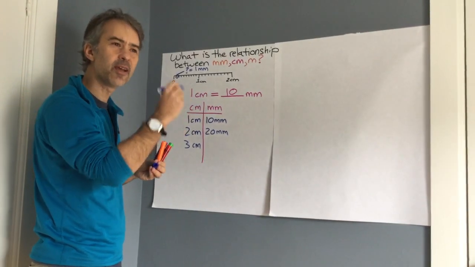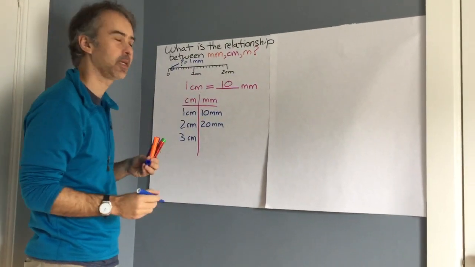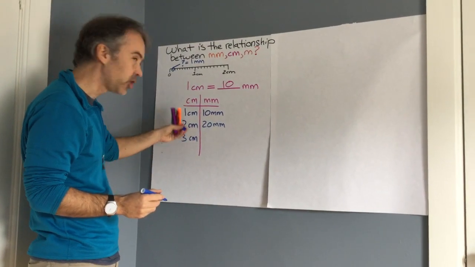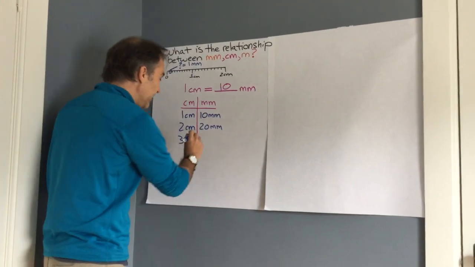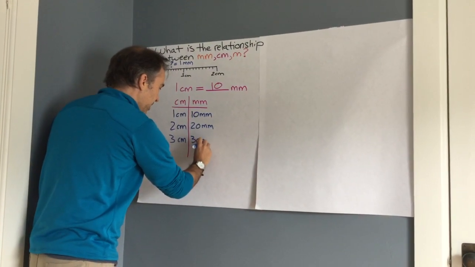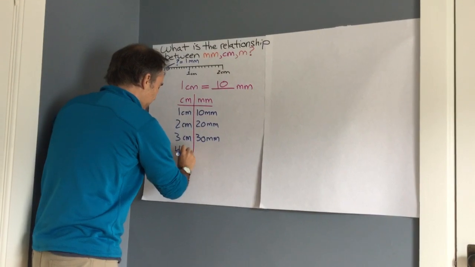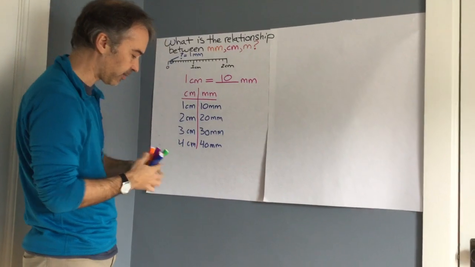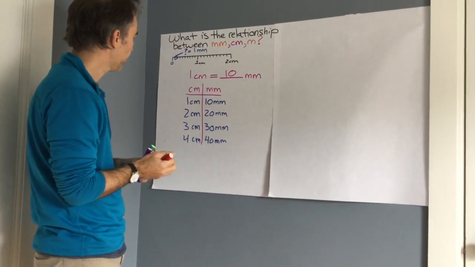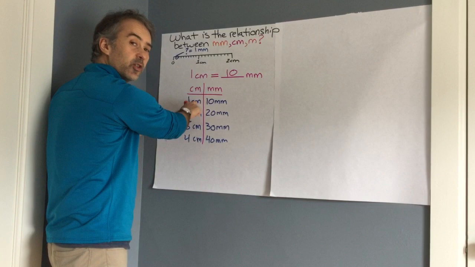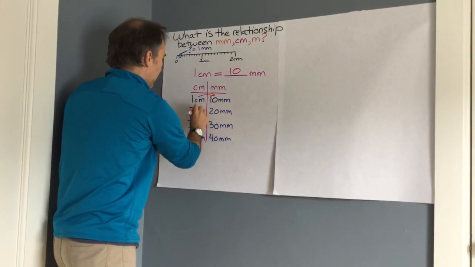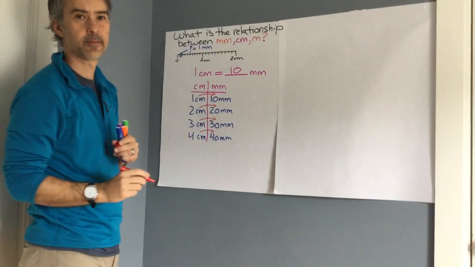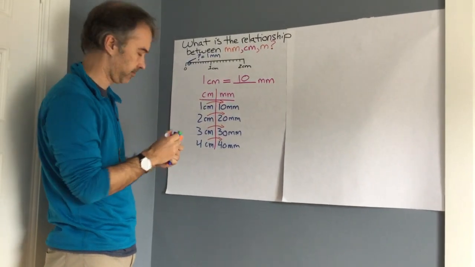What about 3 centimeters? Is there a faster way than counting 1 millimeter at a time? Well, 1 centimeter is 10 millimeters, 2 centimeters is 20 millimeters, 3 centimeters is 30 millimeters, 4 centimeters, 40 millimeters. Okay, here's my question. Going from centimeters to millimeters, what am I doing each time? What operation am I using?